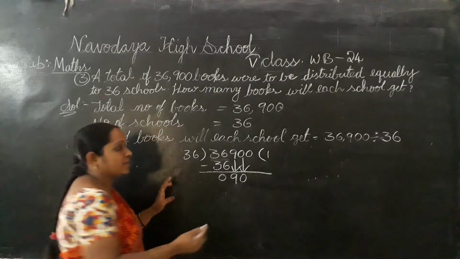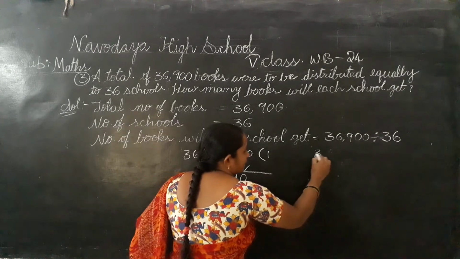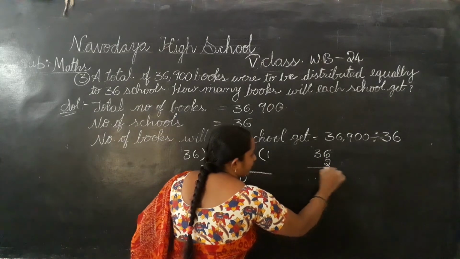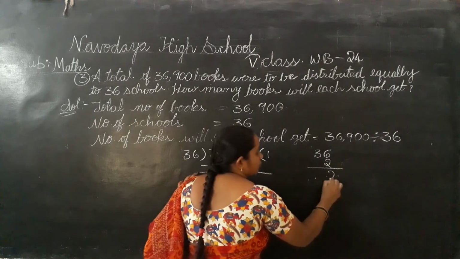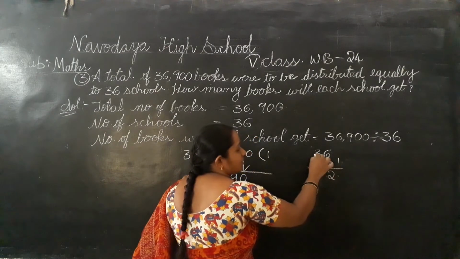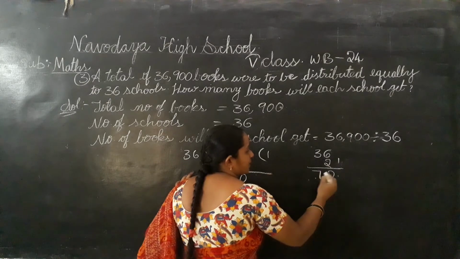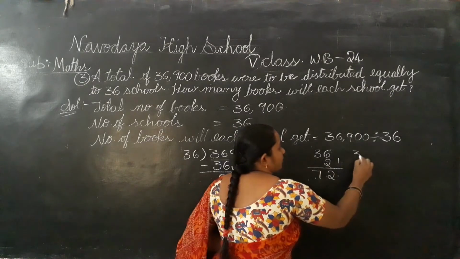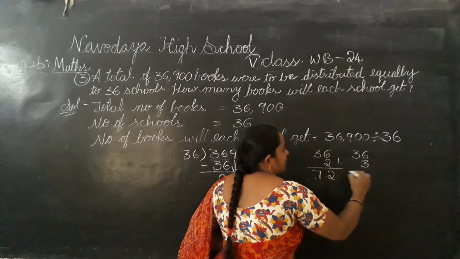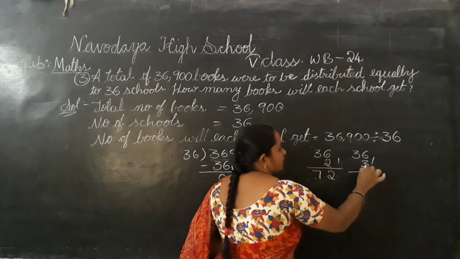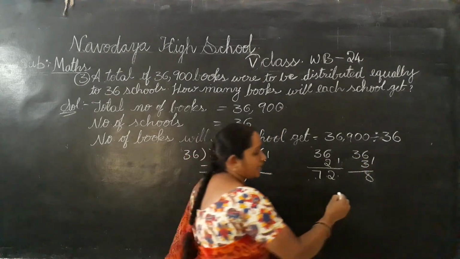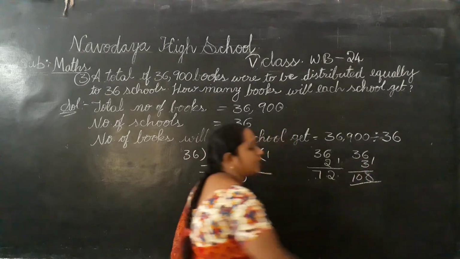How many times? 36 ones are 36. 36 twos are 6 twos are 12, 3 twos are 6 plus 1, 7. 36 threes are 3 6s are 18, 3 threes are 9, 9 plus 1, 10. 108.